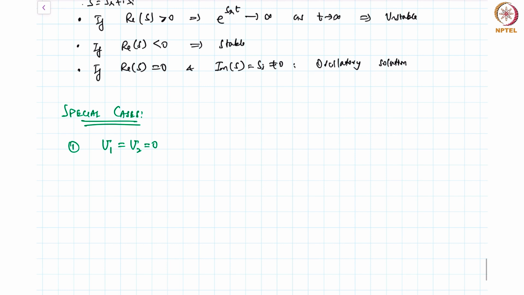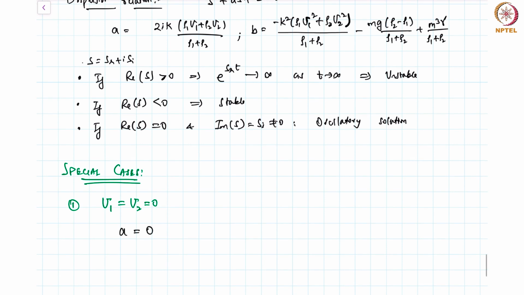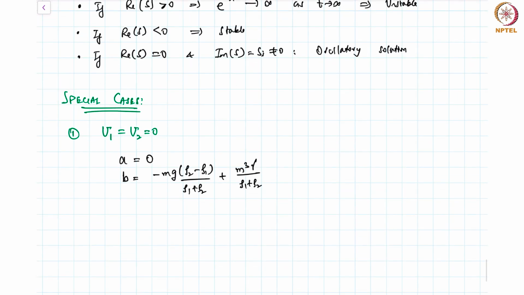If we do this, then if you look at the constants a and b, a essentially becomes 0 and b simplifies to minus mg rho 2 minus rho 1 by rho 1 plus rho 2, and plus m cube gamma by rho 1 plus rho 2. Correct? So the equation that we have is s square plus b is equal to 0.